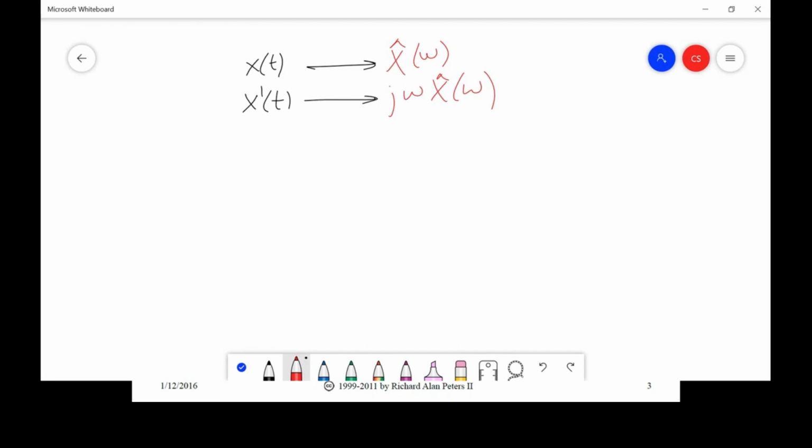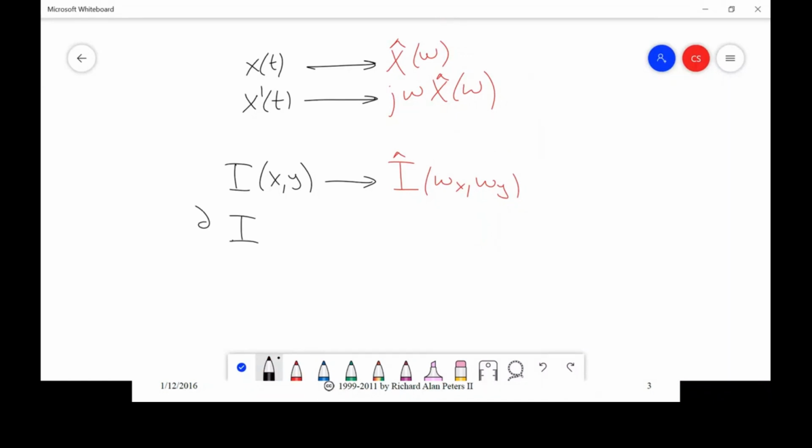We have 2 derivatives: 1 derivative in x, 1 derivative in y. So let us write the equivalent. We have an image, and we have the Fourier transform of that image. We associate it with frequencies, omega x and omega y.